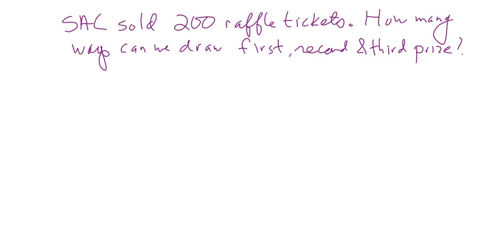Yes, right? As opposed to if there's 200 tickets and we're drawing 3 to win a ticket to a movie or something, then it really doesn't matter. We move into that in a couple of days, but I'm just foreshadowing that there are other ways of doing this, where we don't really care. It's just, you 3 are going to the movies, great. But if you win first prize, second prize, third prize, that's a distinguishable arrangement, that's a permutation.